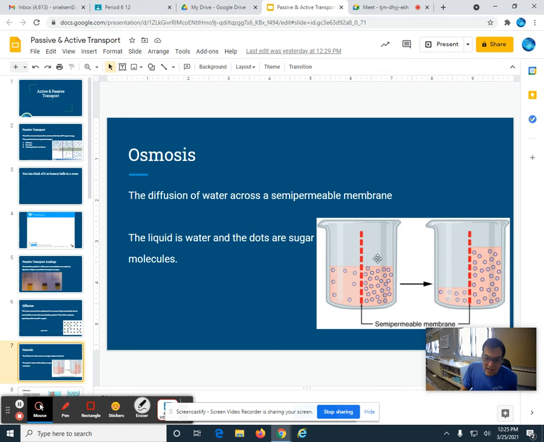So when I look at this, I can see that I have a higher concentration here of particulates, and I have a lower concentration here. Now, what that means is the percentage of water is less on this side.